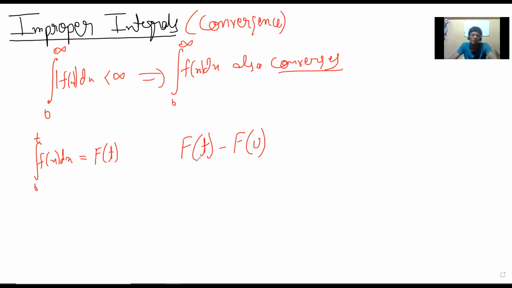Maybe you can look at the modulus of this difference. Then what is this? It is from u to t, or if u is less than t, whatever, it doesn't matter. Then it is from u to t.